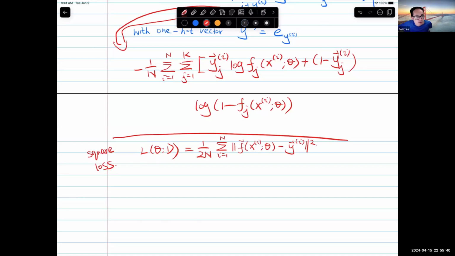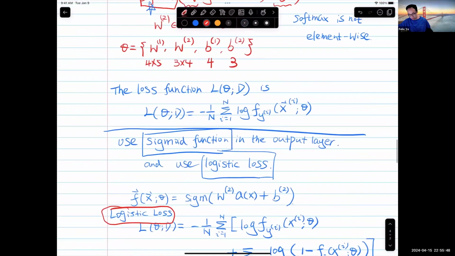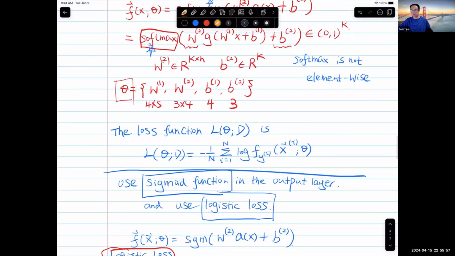All right, so basically the whole idea is we're trying to use these loss functions to find the best possible parameters theta here. In this case, we want to find W1, W2, B1, B2. So these are the weights and the biases.